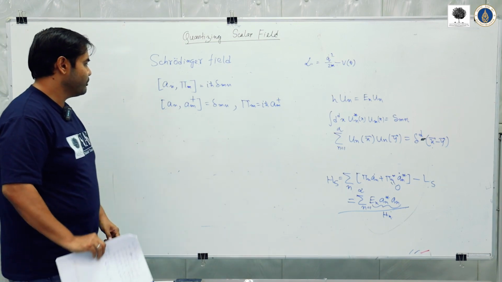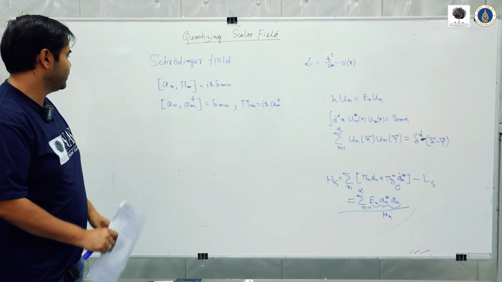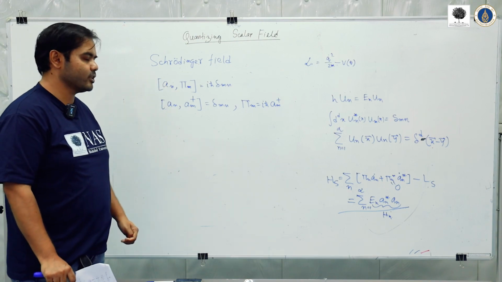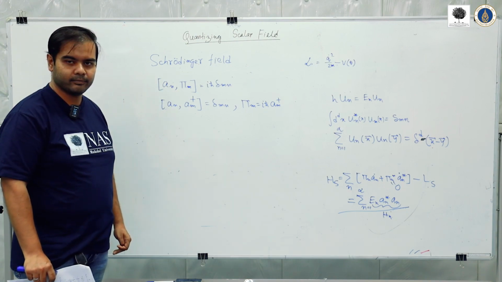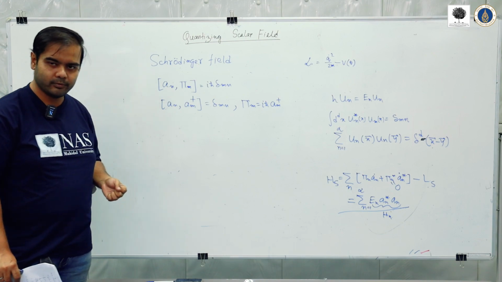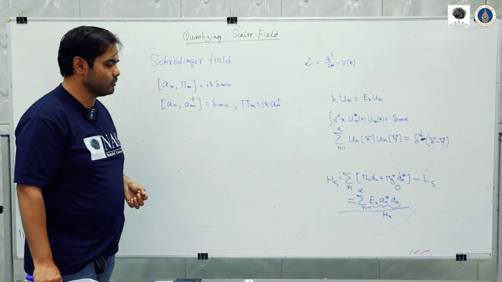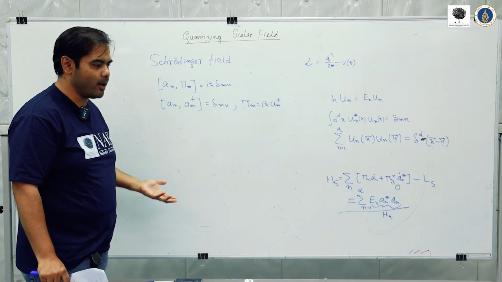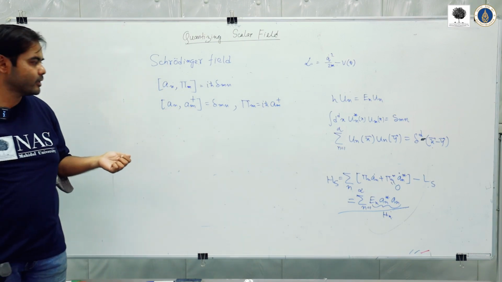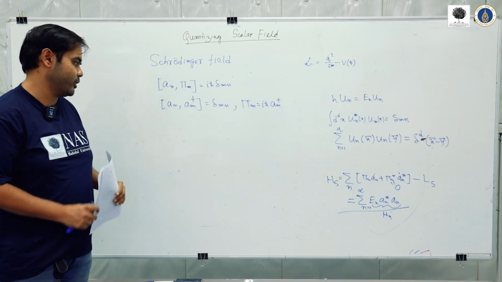Why? Because a complex number will never satisfy a commutation relation like this, because they will always commute. So the only way it is possible, and that is the crux of quantization, is that you upgrade your variables to operators and define non-trivial commutators.